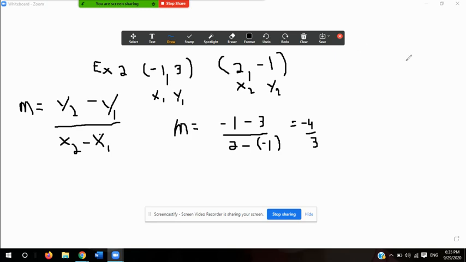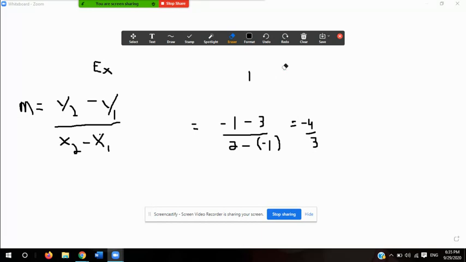Now, before we get to example number 3, I'm going to erase some of these numbers. I'm going to keep the formula. But when we're working with slopes, sometimes we'll get positive slopes, sometimes negative slopes, sometimes slopes that are 0, and vertical lines or horizontal lines, right?